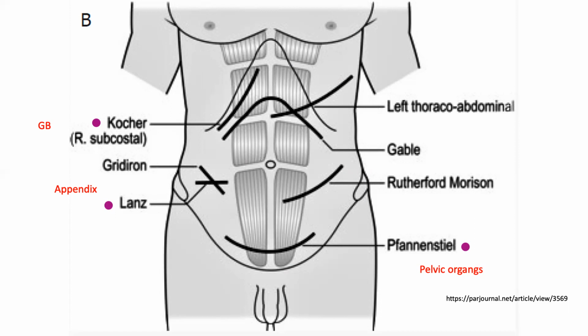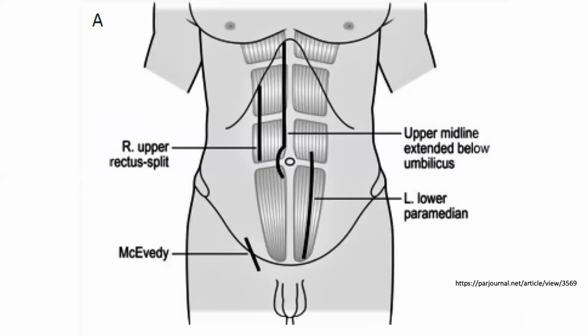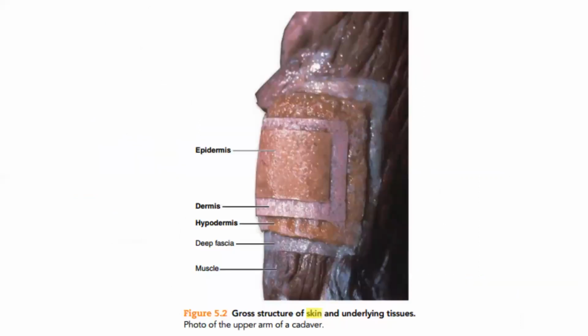Of course, these are the oblique incisions we put on the patient's abdomen. And there are also vertical incisions, which I want you to appreciate. Once you take the scalpel, like a knife, and put it on the patient's skin, these are the structures you are going to cut through to get into the intra-abdominal organs.